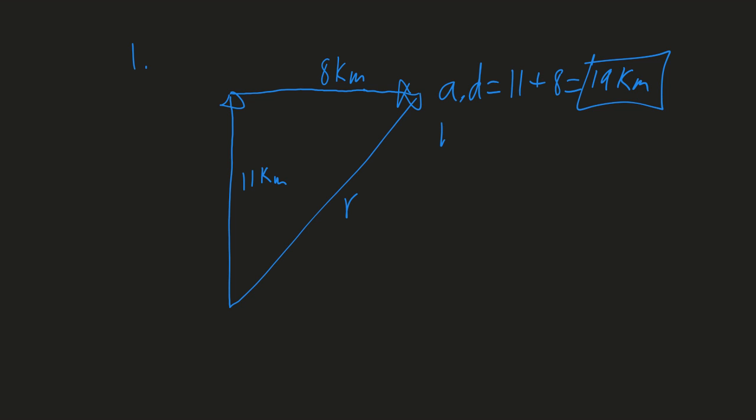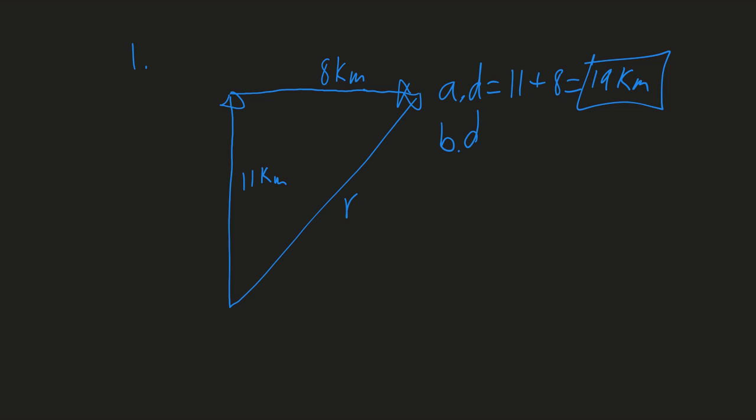For part B, we want to determine the total displacement from the starting point. So remember, displacement is not how far you've gone, but how far away you are from your initial starting point. So we drew our resultant here. That's going to be our displacement because displacement is a vector.